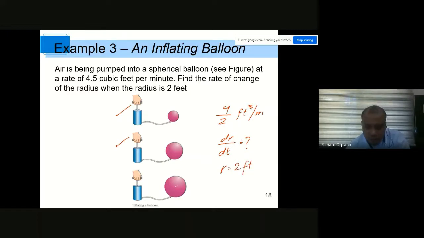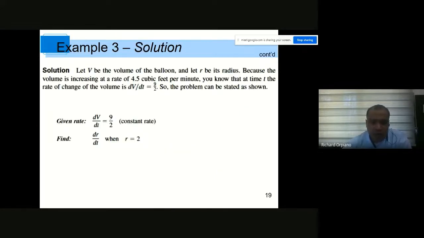So when our radius is 2 feet, what is the rate of change of the radius at that time? Okay, so given is dV/dt equal to 9 over 2, 4.5, which we made into a fraction.